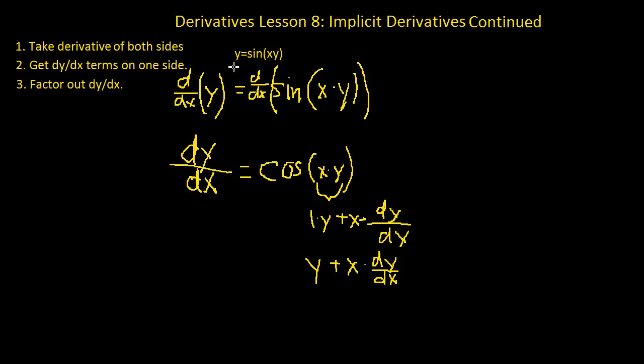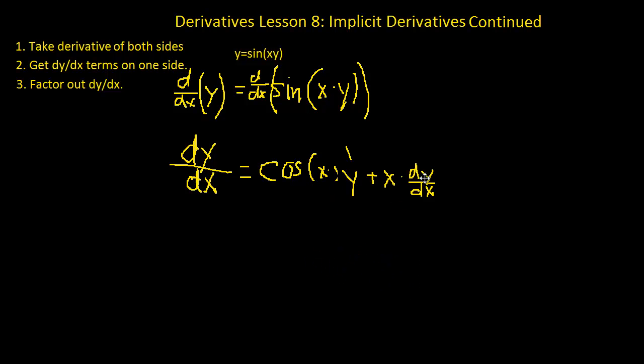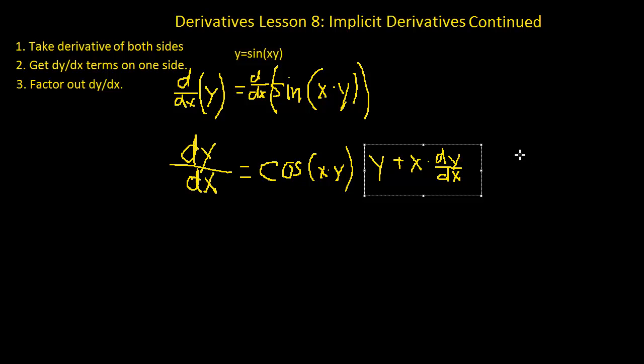And so I'm going to do a little cleanup, and so we write this. That's our inside that we multiplied by the chain rule. So we did our first step, take the derivative of both sides, so that's done.